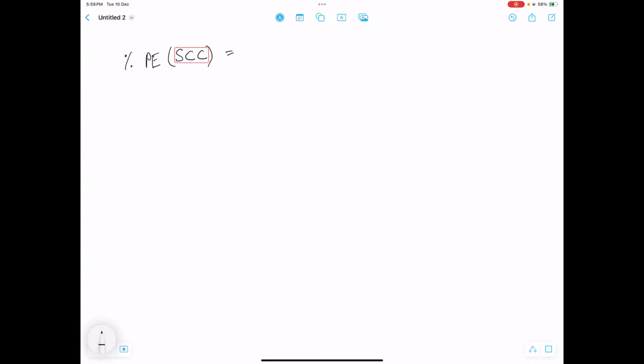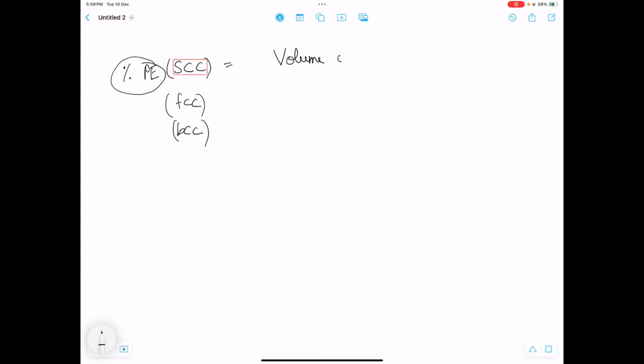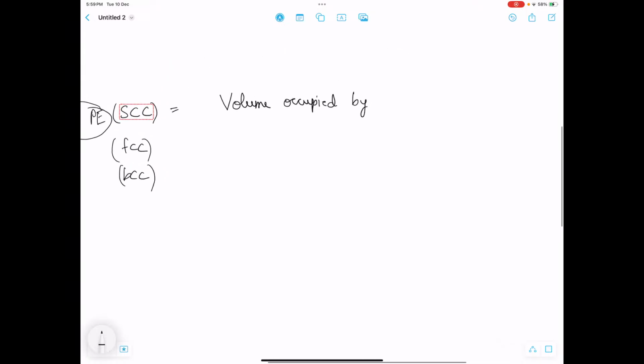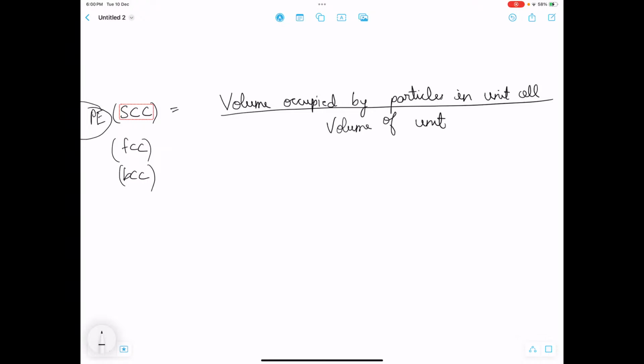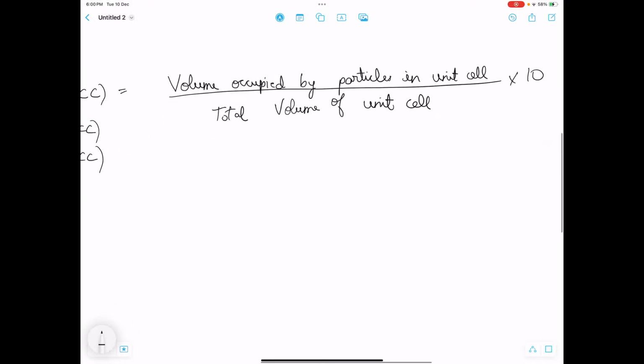Okay, so there is a very simple formula. If you want to calculate the percentage packing efficiency of any of the following, SCC, FCC, BCC, this formula is volume occupied by particles in unit cell divided by total volume of unit cell, into 100 because it's a percentage.